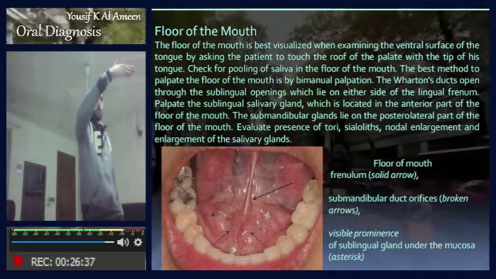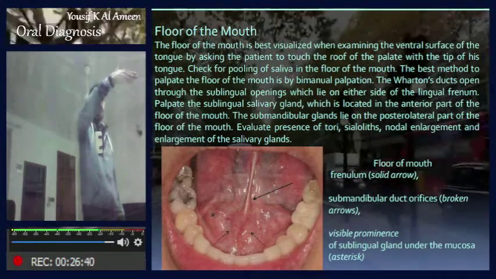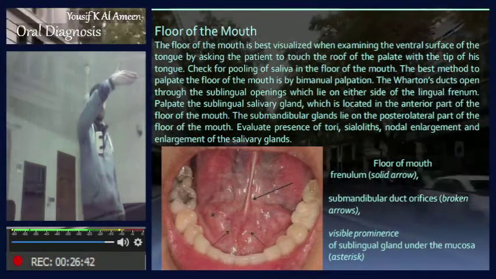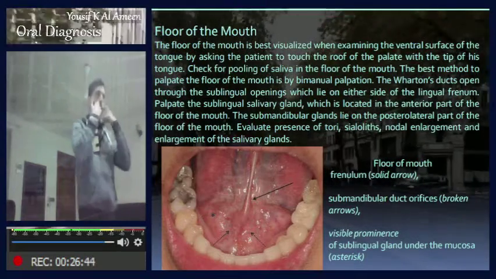The best method to palpate the floor of the mouth is by bimanual palpation.